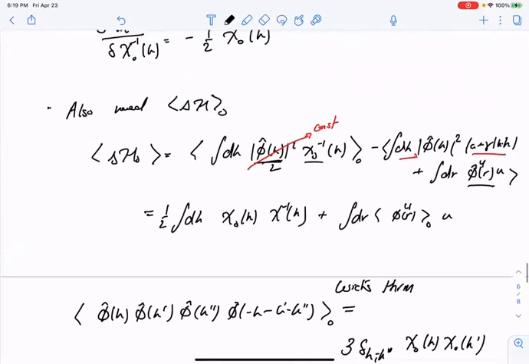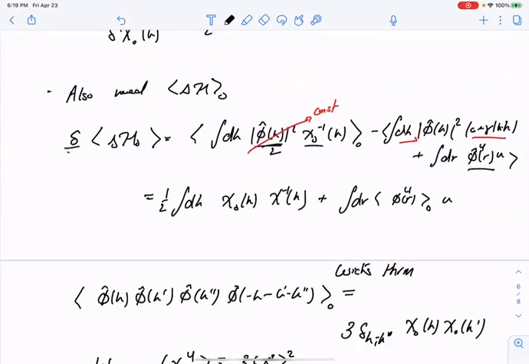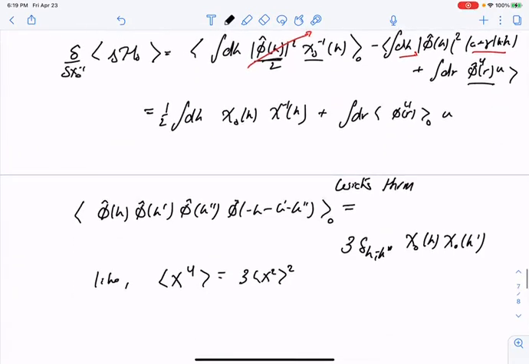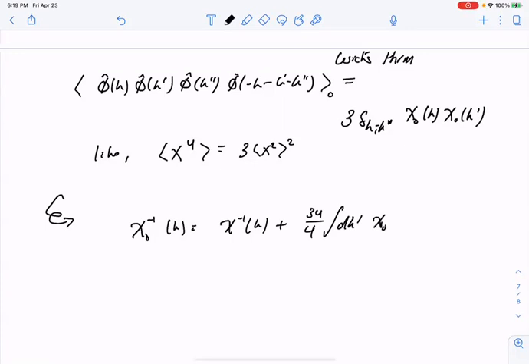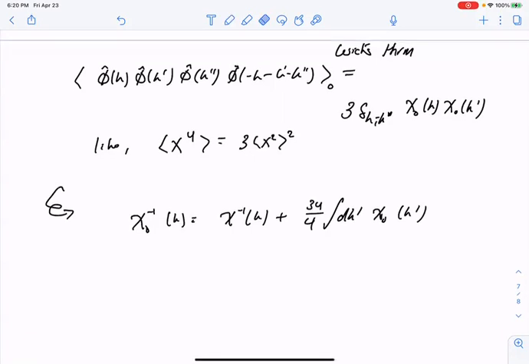Okay, so taking the functional derivative of this whole thing with respect to chi inverse, I have a chi here, and I have chi there. I can write this whole thing like so. So that's the solution of the optimal chi naught to best represent this system that orders at a finite wave vector.